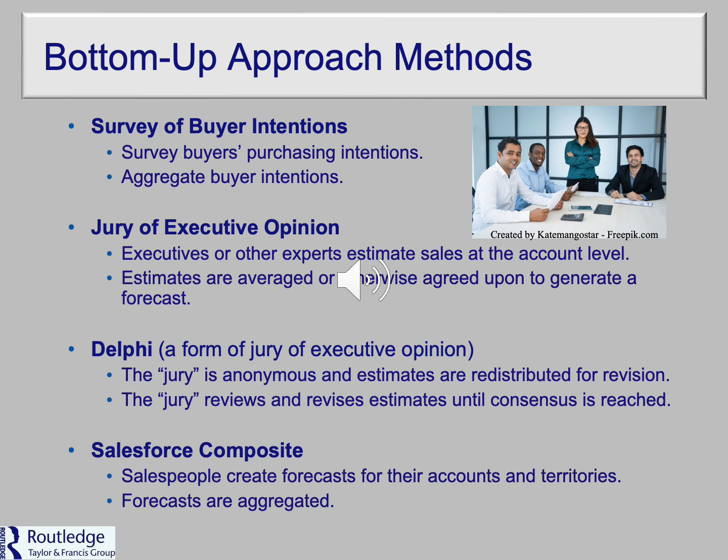So the next approach is the Delphi approach, and this basically creates an anonymous jury of executive opinion, and so the information is distributed within the firm to members of the panel, the jury, and they are asked to submit anonymous forecasts for each of the accounts that is under review, under discussion.